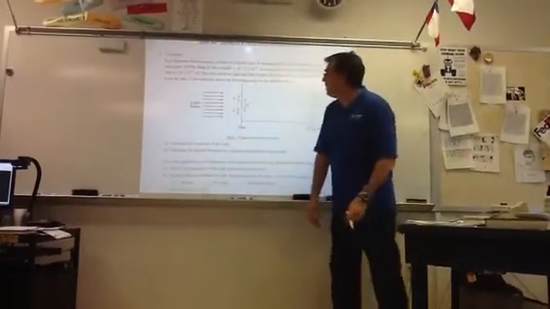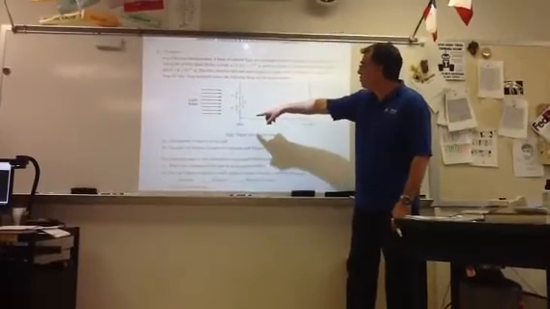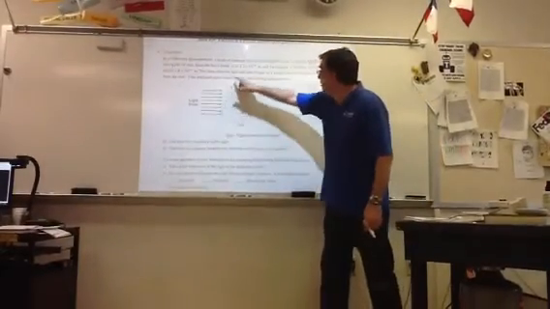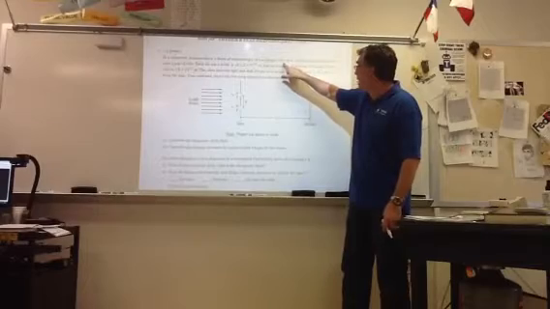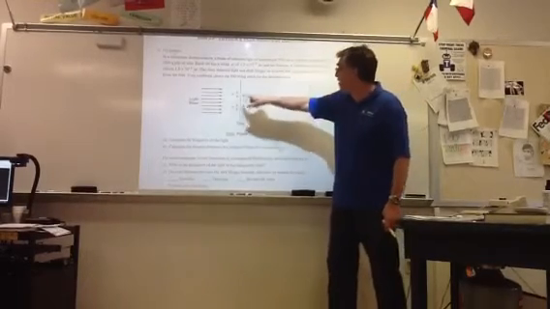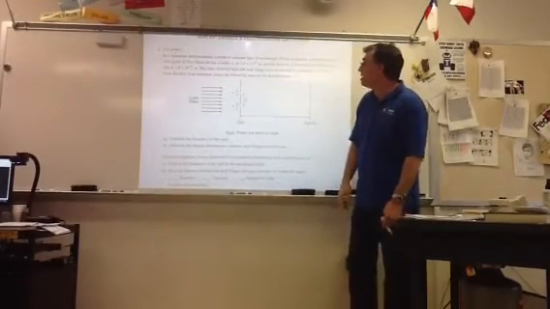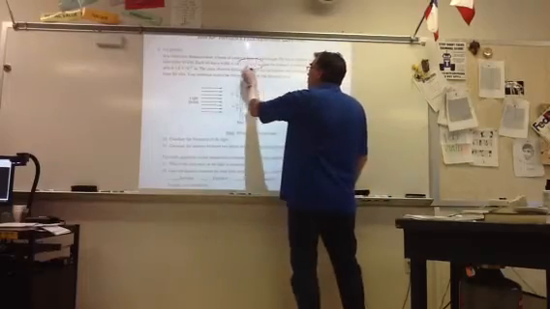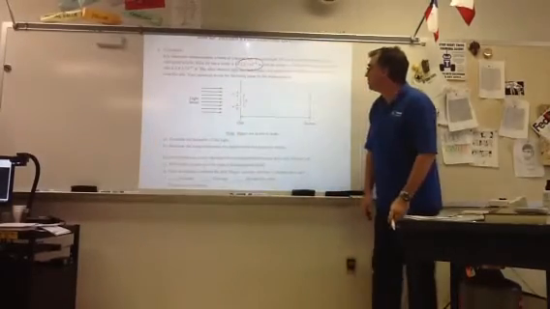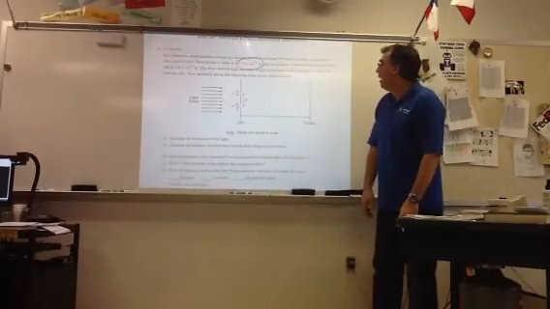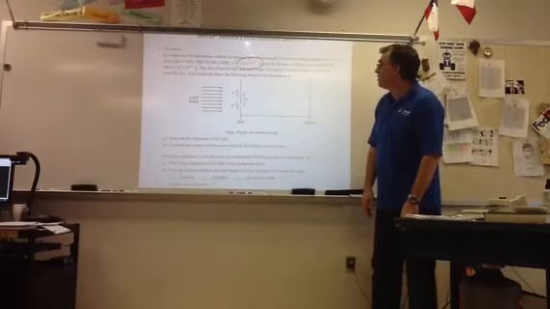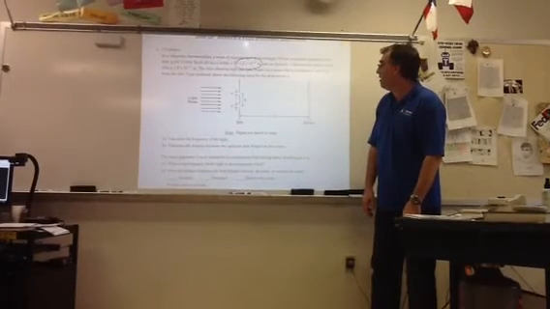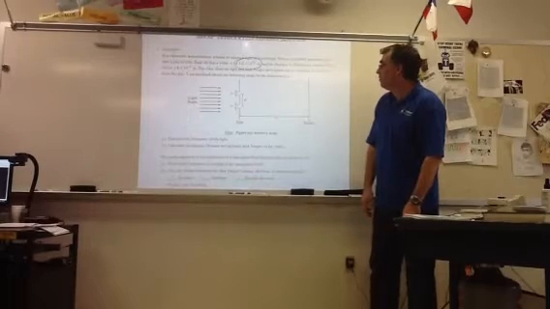So basically it says, in a classroom demonstration, a beam of coherent light of wavelength 550 nanometers is incident perpendicular onto a pair of slits. Each slit, now look at the distance here, 1.2 times 10 to the negative 6 meters, and the distance between the centers of the slits is 1.85 times 10 to the negative 5 meters.